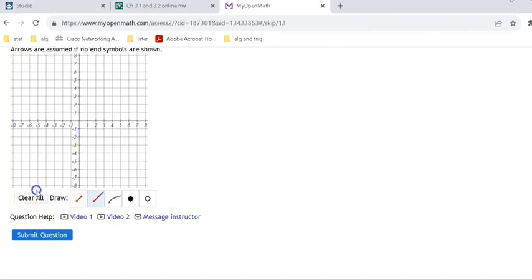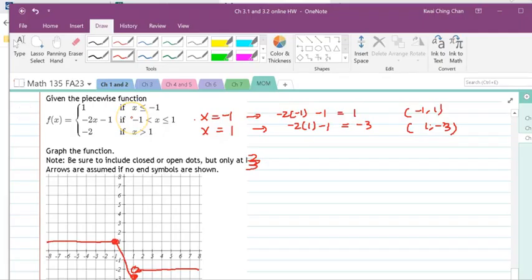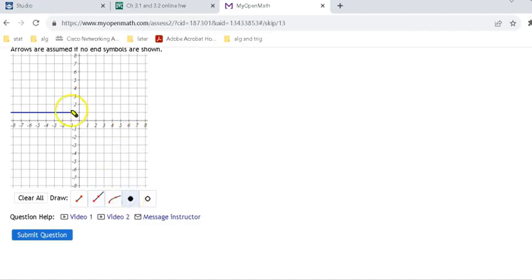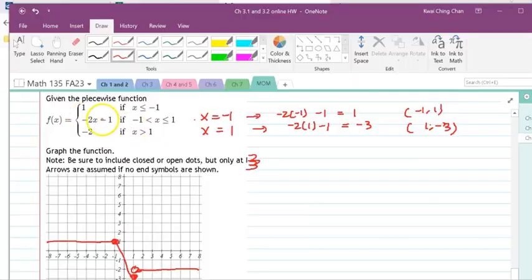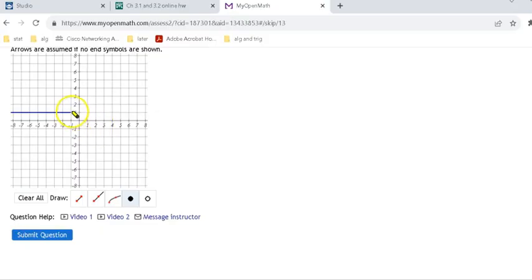Okay, so let's clear again. Let's try negative 1 when it is here. But, oh, maybe I'll just put a dot here. Maybe that's the problem. Oh, clear all. How come it's so hard? Negative 1, go all the way, and then put the dot. Well, they actually are connected.